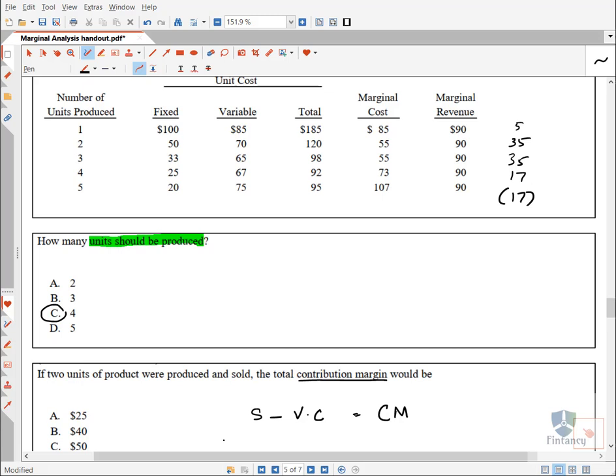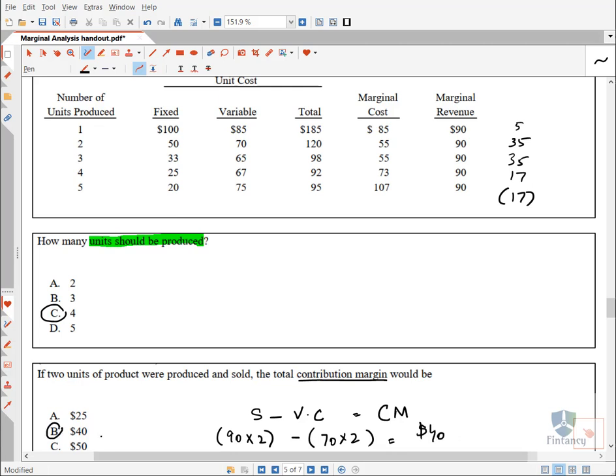It will become 90 into 2. This is your sales. Variable cost will be how much? On 2 units, your variable cost is 70 per unit, right? So 70 into 2. This is your contribution margin. Effectively, you can say 20 into 2, which is how much? 40.